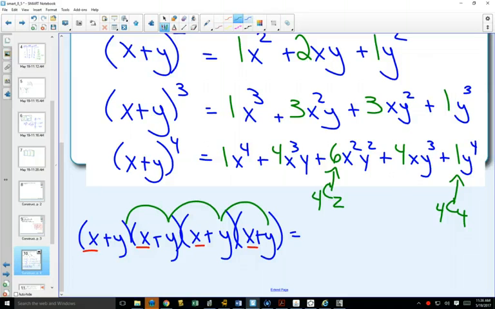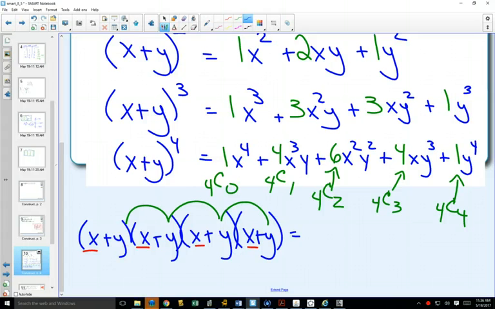Well, that's the same as 4 choose 3. Now, I chose to say how many ways you could choose y so that it matched with what we wrote in our diagram before, starting with 4 choose 0 and going up to 4 choose 4.